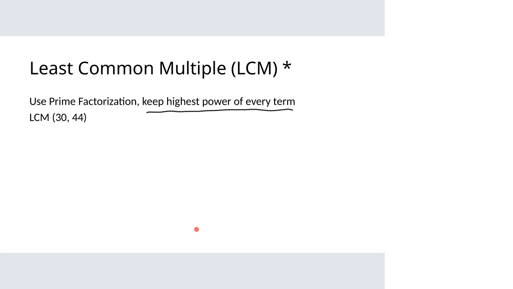So the first thing we'll want to do is find the prime factorization of each of those numbers. Remember, there's not really a right or a wrong way to find the prime factorization. We've got 30, and so maybe that's 3 times 10, and that's 2 times 5, and those are all prime numbers. So our prime factorization of 30 will be 2 times 3 times 5.